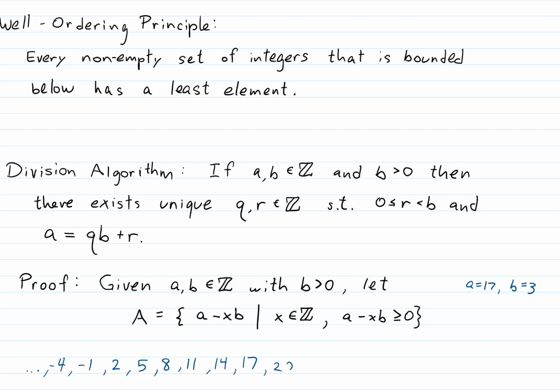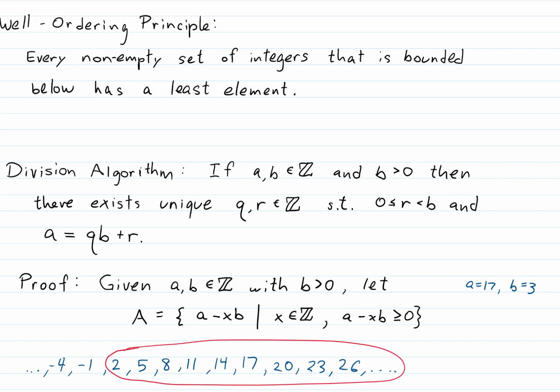So I'll also have 20 and 23 and 26 and so on. Okay, and capital A is the set of all of those that are not negative. So in other words, those numbers make up capital A.